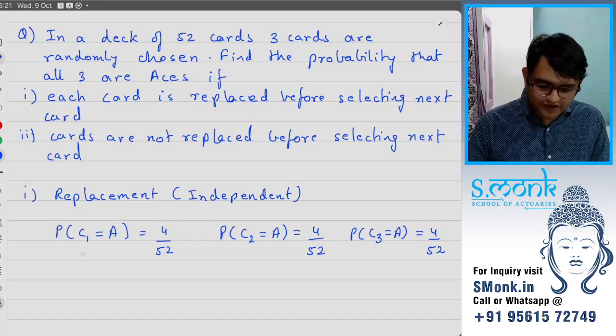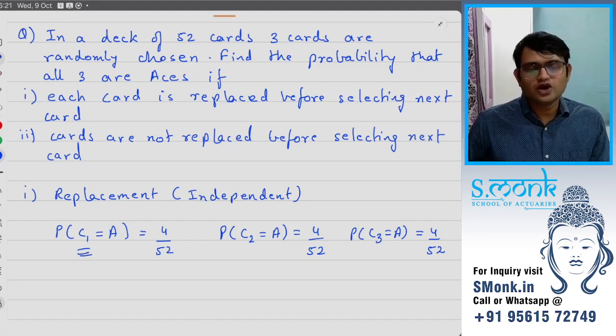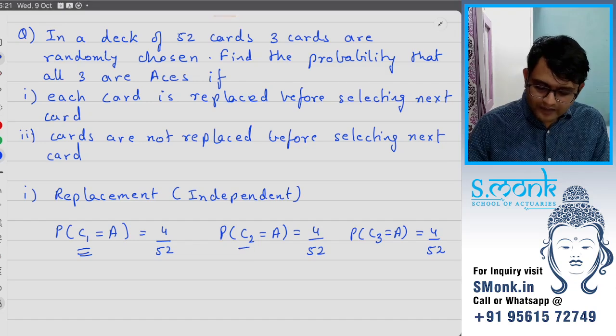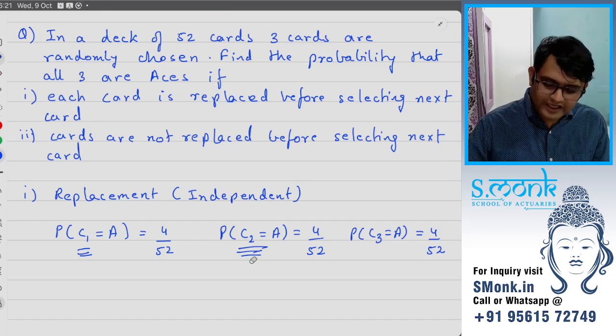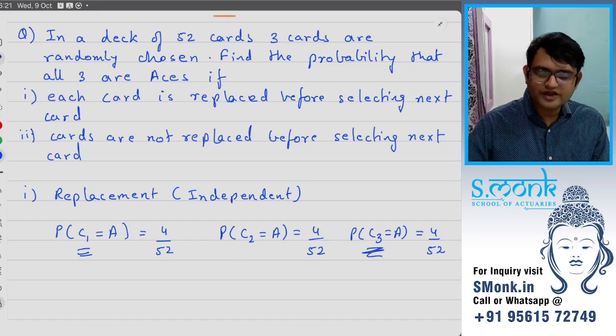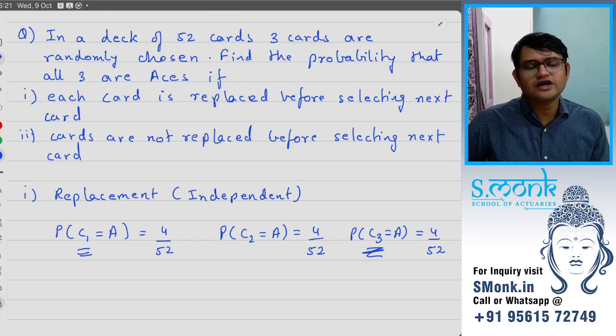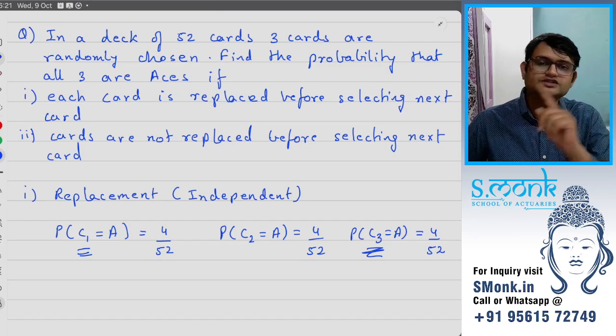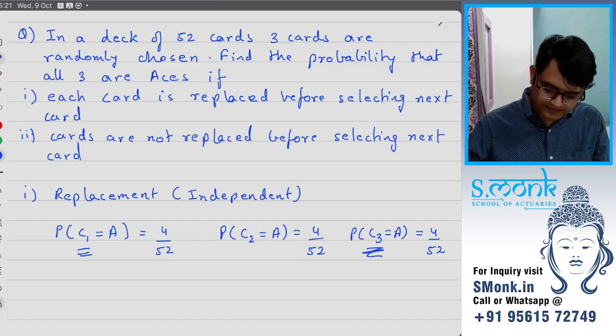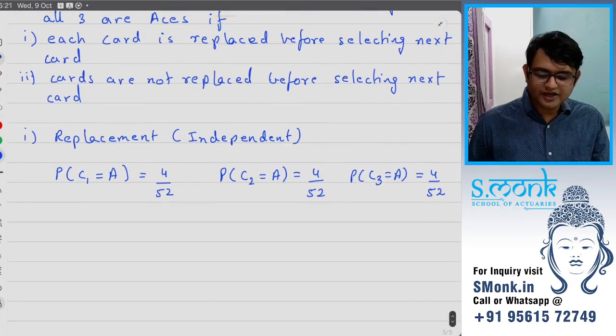Whether the first card was an ace or not did not affect the probability of the second card being an ace. And the second card being an ace or not does not affect the probability of the third card being an ace. So they are not affecting each other's probabilities. They are each other's outcomes. And that is why they are independent of each other.